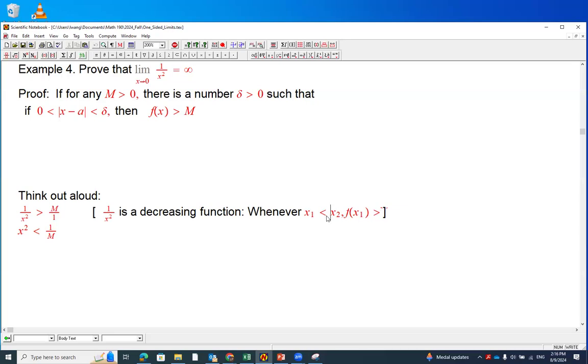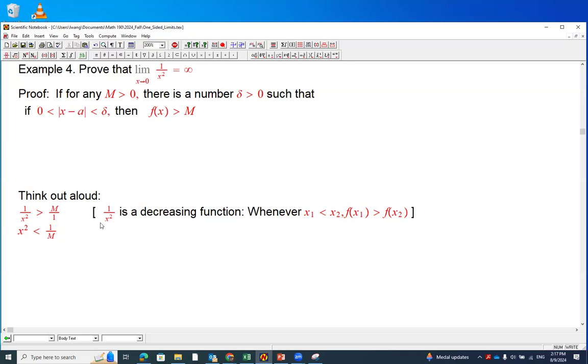So you can see the reverse. That's what decreasing function means. And that's also why, from greater than, when we flip it, it turned into less than.